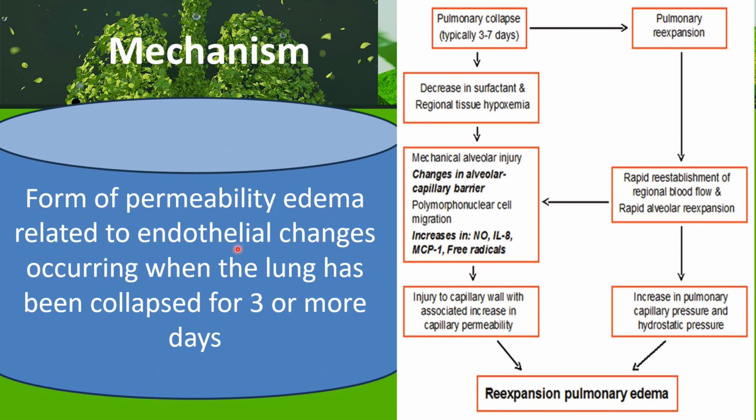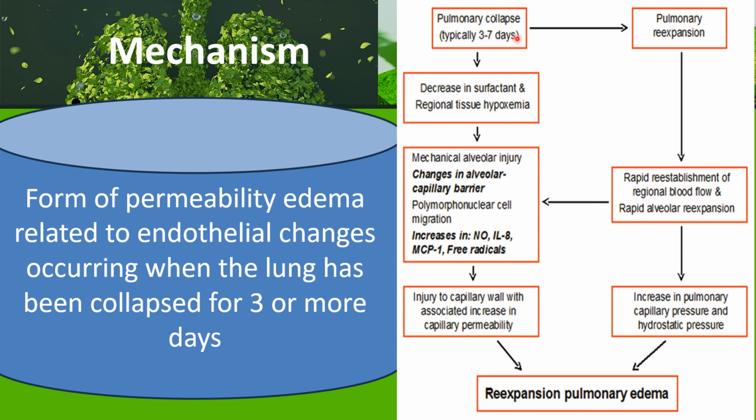This is a form of permeability edema and hydrostatic pressure edema related to endothelial changes occurring when the lung has been collapsed for 3 or more days. So a patient with pleural effusion or pneumothorax with lung collapse for 3 or more days can develop this type of pulmonary edema.